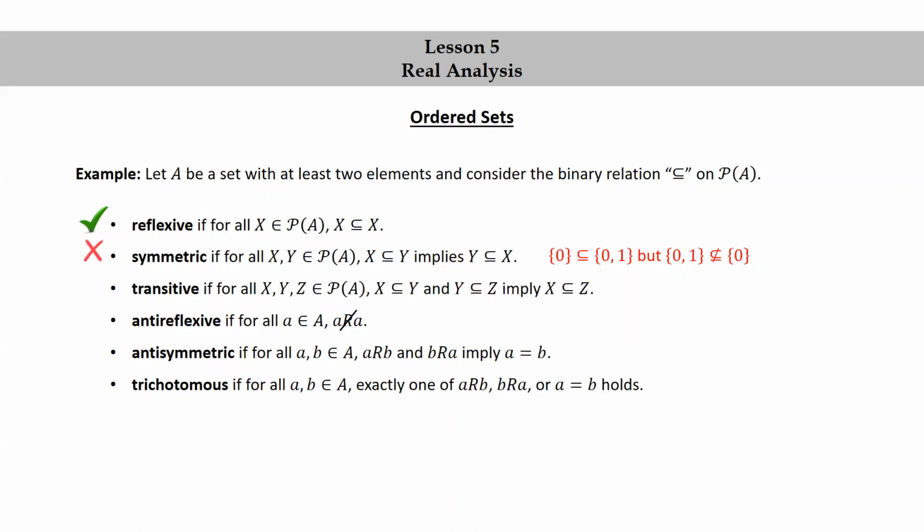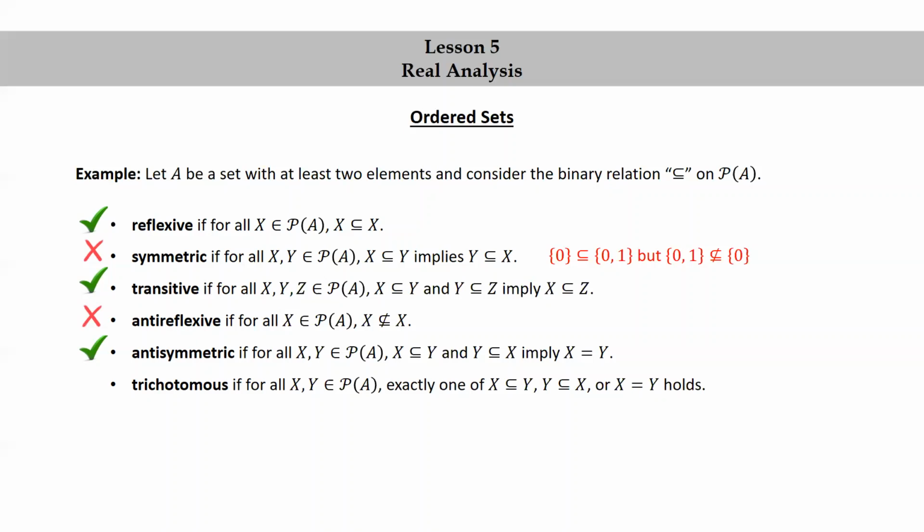Transitive, if for all x, y, z in the power set of A, x a subset of y and y a subset of z implies x a subset of z, that's true. Antireflexive, if for all x in the power set of A, x is not a subset of x, that's false. Antisymmetric, for all x, y in the power set of A, x a subset of y and y a subset of x imply x equals y, that's true.